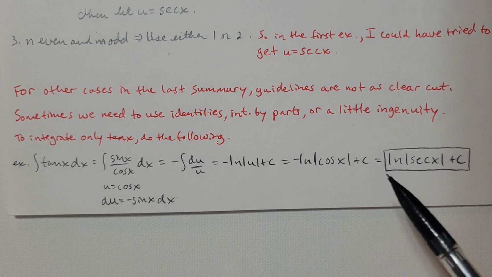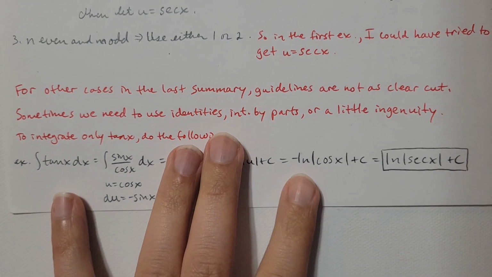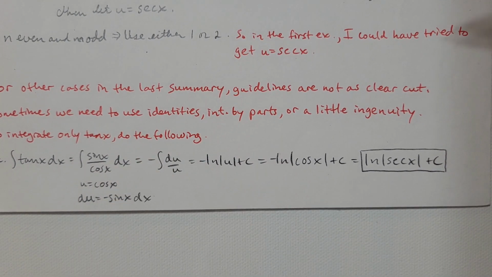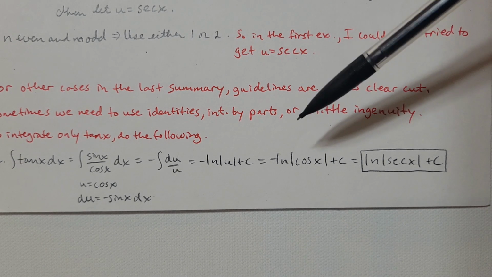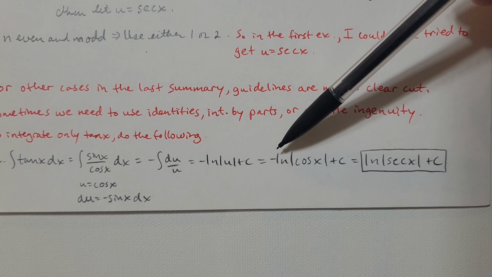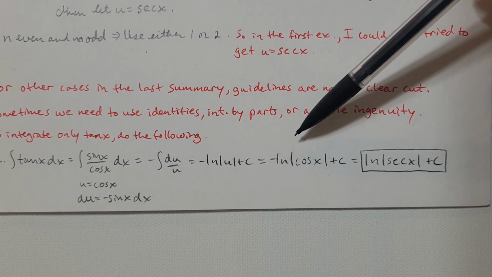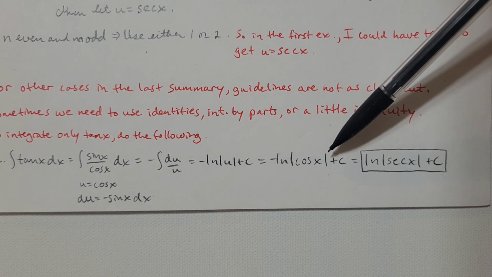Now, what your book is going to do is take it a bit further and use properties of logarithms. The negative that I've got in front of the ln function can come up as a power of the inner term. So I'd have the ln of cosine of x to the -1 power.